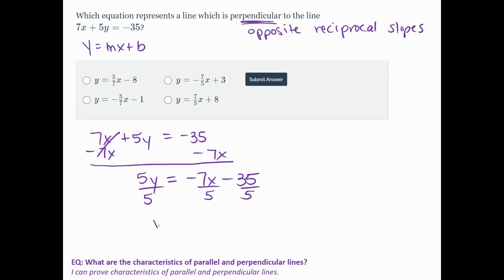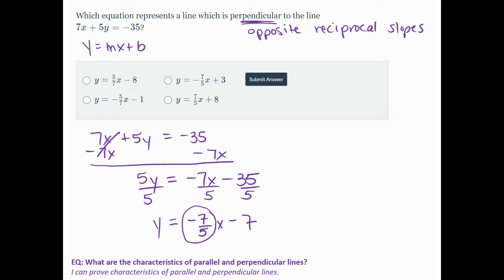So 5 divided by 5 is y, or 1y. Negative 7 divided by 5 doesn't divide, so I leave it as a fraction. It doesn't divide evenly. And then kick the x to the back. Negative 35 divided by 5 is a negative 7. Again, my focus is to find out what is the slope.